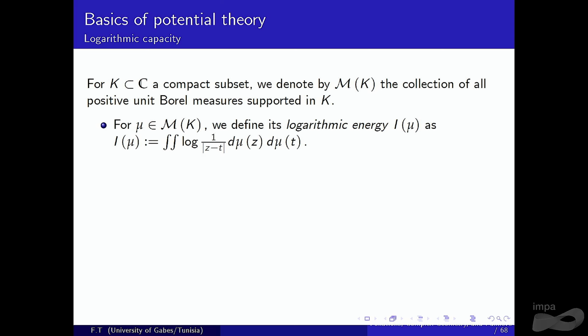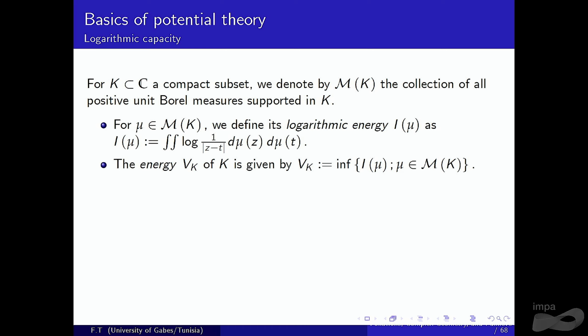Given a compact subset K, we denote by M(K) the collection of all probability measures supported on K. For a measure mu, we define its logarithmic energy as the integral of the logarithm of 1 over the absolute value of z minus t, d mu(z) d mu(t).